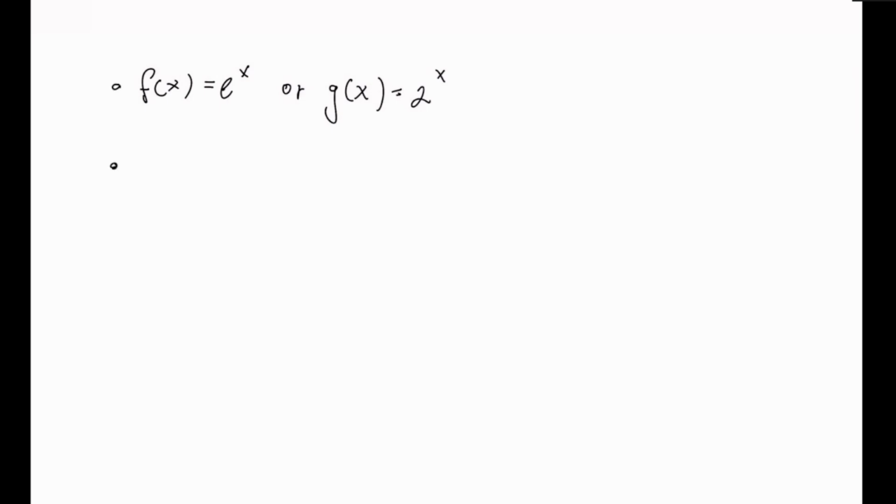Logarithmic functions like f of x equals ln of x, or g of x equals log of x with base 2, are continuous for all positive real numbers. Remember, we can only take logarithms of positive numbers. Let's look at an example.